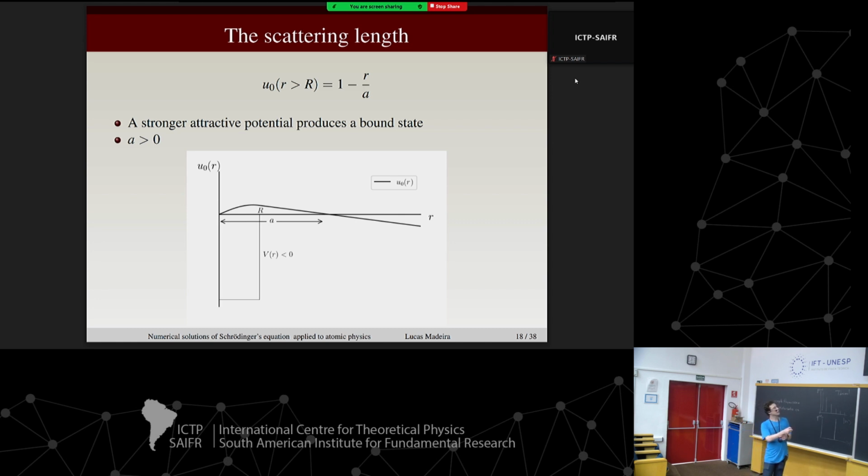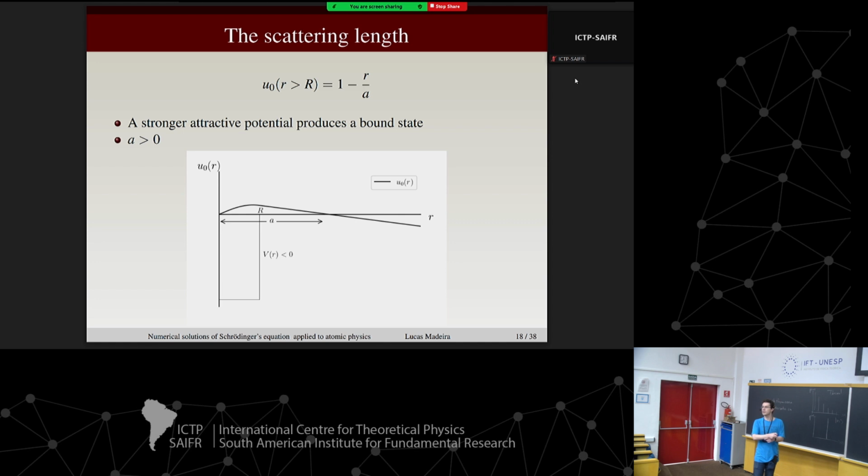The wave function now crosses the R-axis on the positive side. So that's a positive scattering length, okay? And the point where it crosses here is the scattering length, because if I set R equal to A here, I get a 0, okay? So for an attractive potential, positive scattering lengths correspond to bound states.